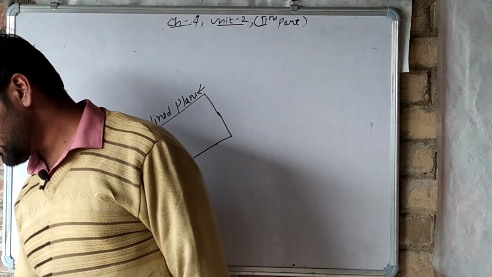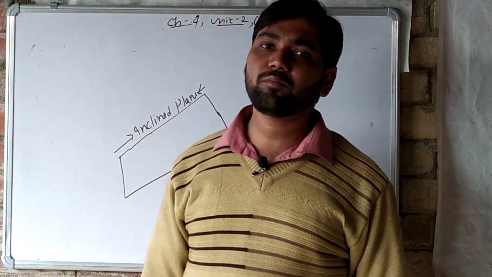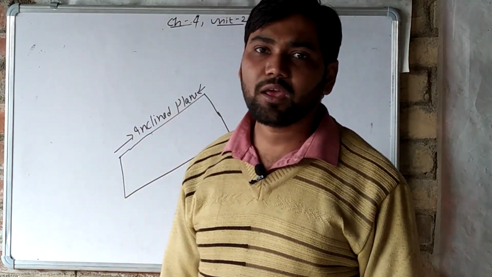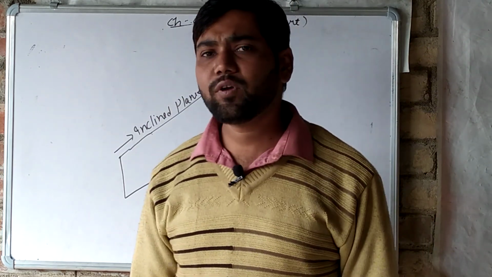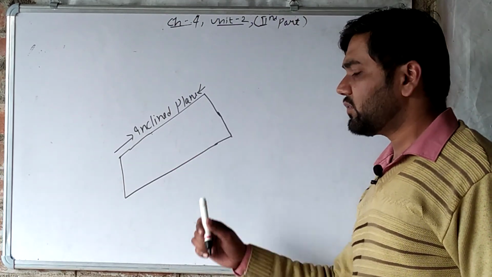Any sloping surface along which a load can be easily pushed or pulled is called an inclined plane. That is the definition of an inclined plane. So this is the inclined plane.